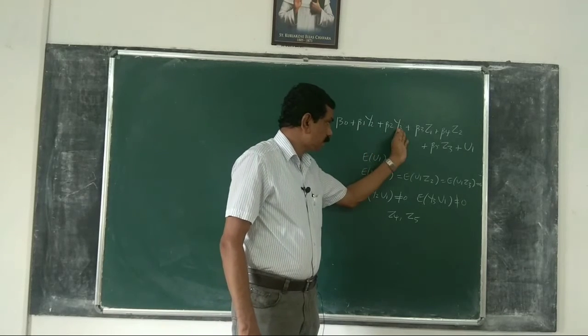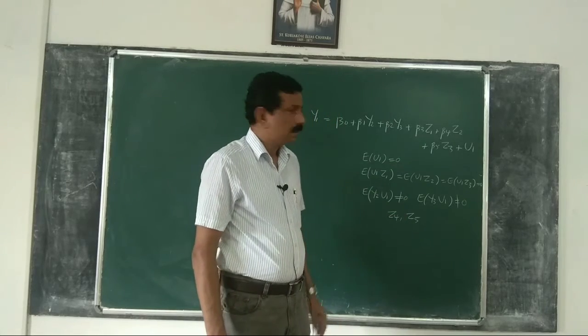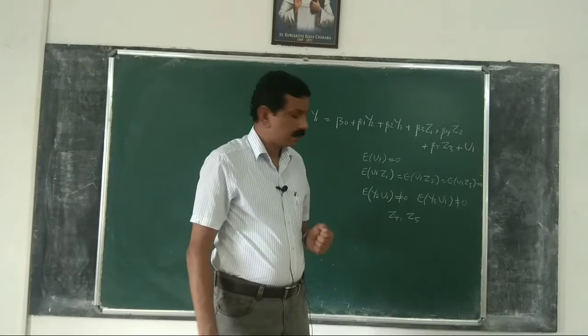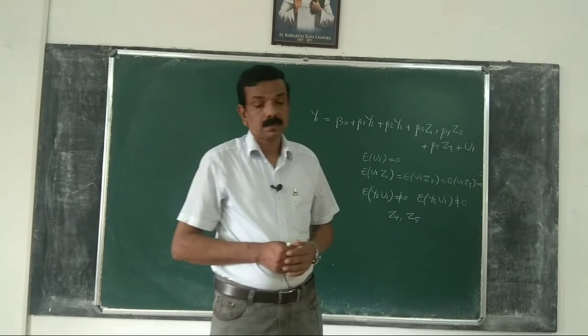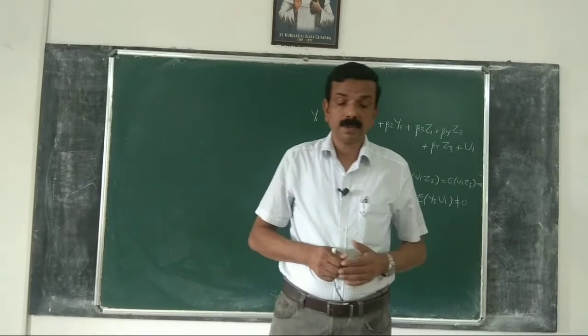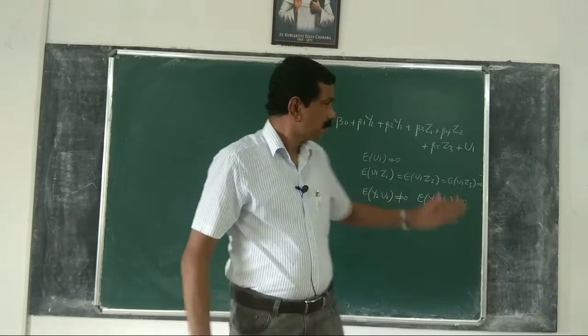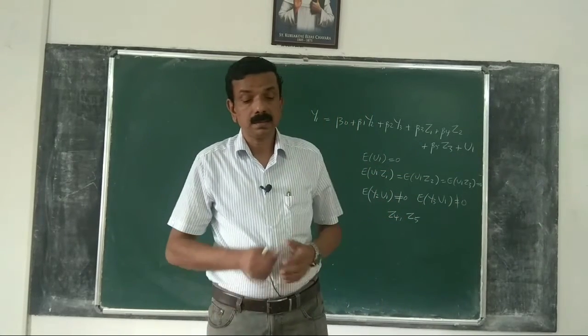Now, we have two endogenous explanatory variables, y2 and y3. So, to estimate this model by using two-stage least squares, we must have at least two exogenous variables not appearing in this equation.